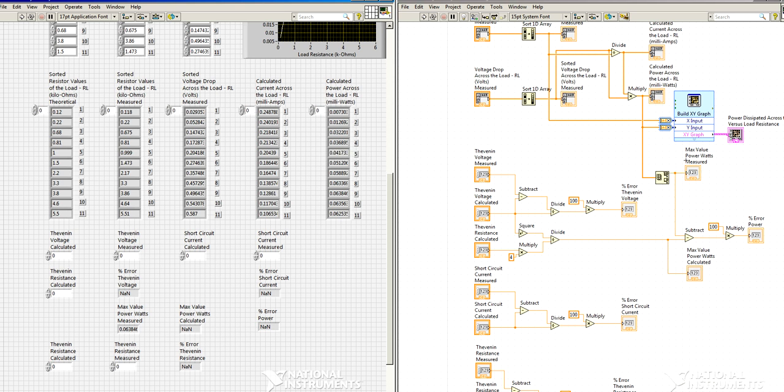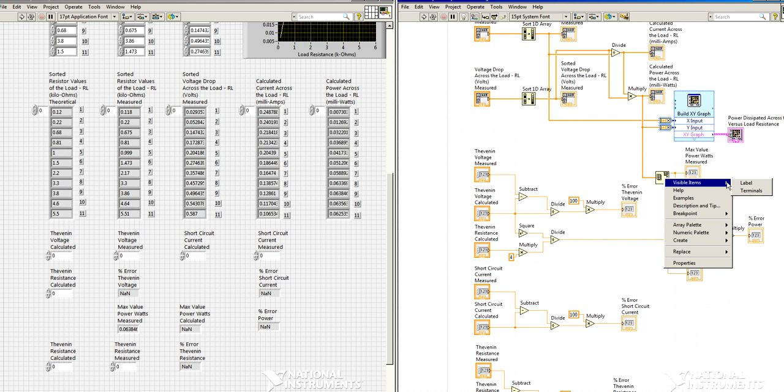Taking the difference between that and the maximum value of power in watts that we actually measured, notice that the value for this icon determines the maximum value of a particular array, and this array that we happen to have connected to this box is the calculated power across each one of the load resistances.